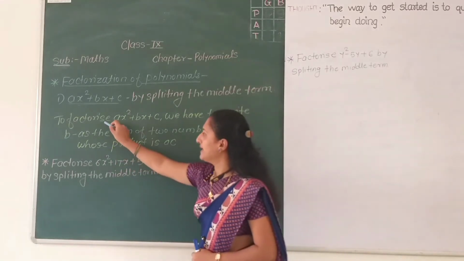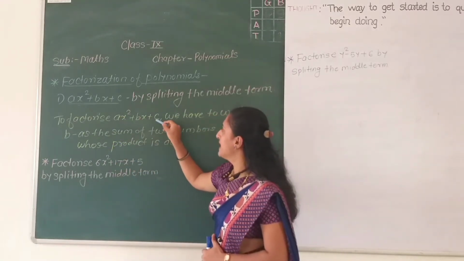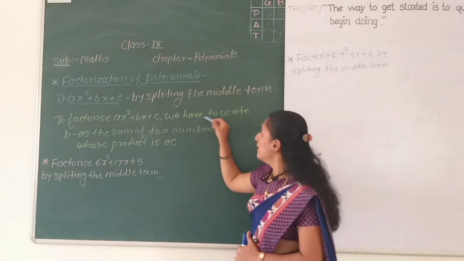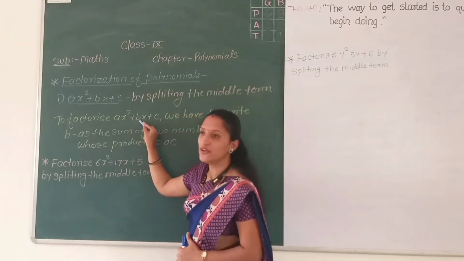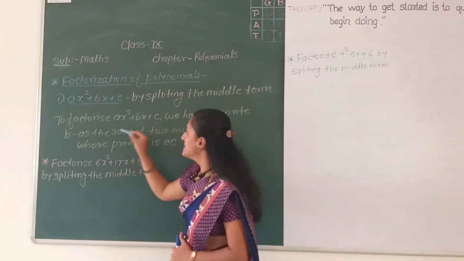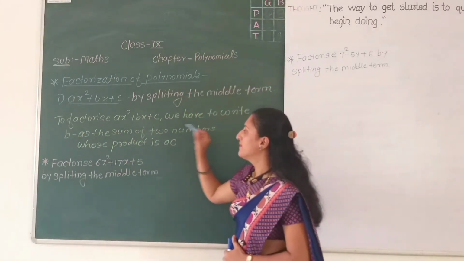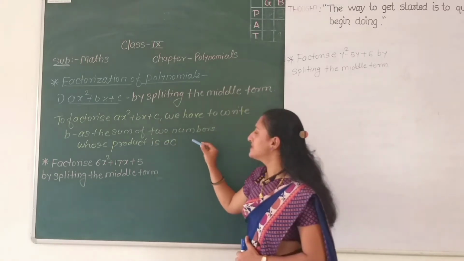To factorize ax square plus bx plus c, we have to write b, that means the coefficient of x, as the sum of two numbers whose product is ac.